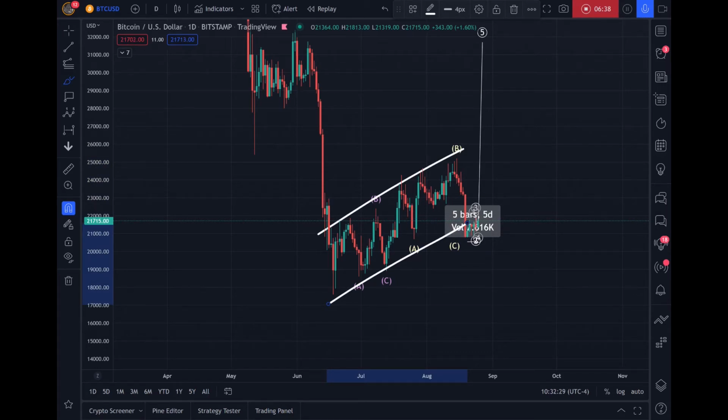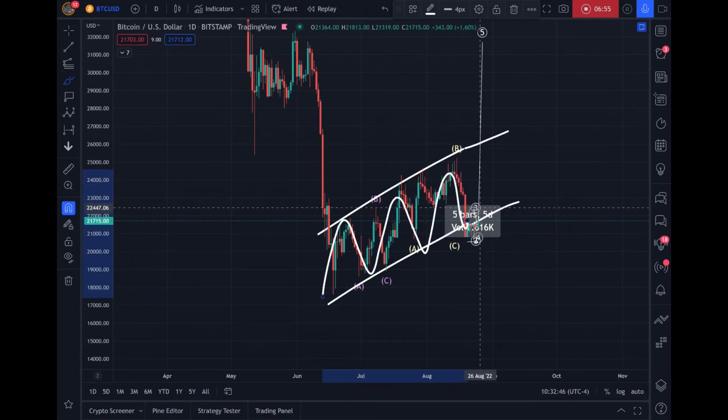Okay, and this is likely to break out and probably hit some resistance at the top right here of this channel. So you see this channel I've drawn out, that price has been ping-ponging in for the past 70 days.